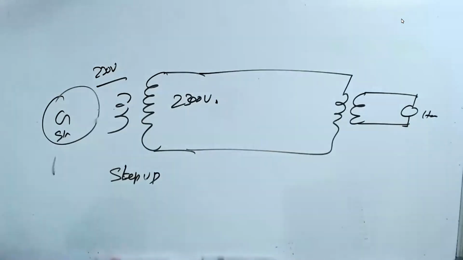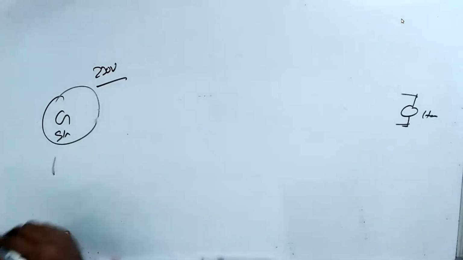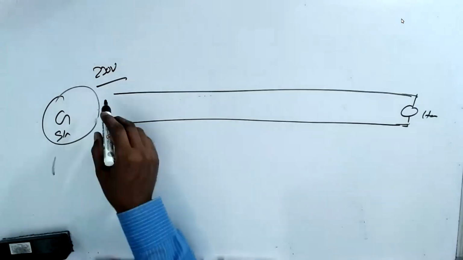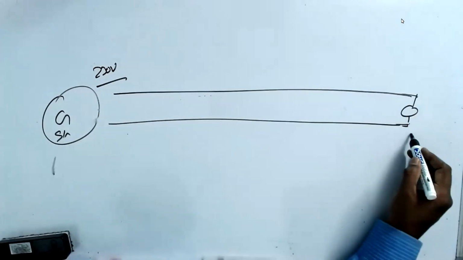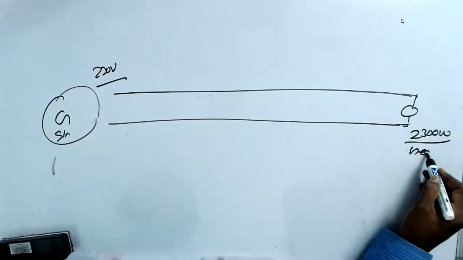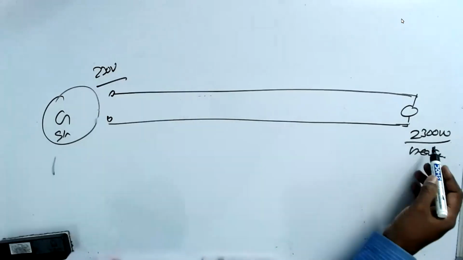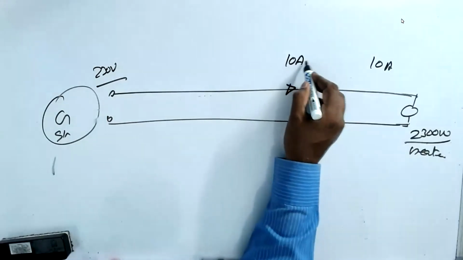Now, first we assume that we don't do that. From the long cable, I connect this one. So the same 230 volt comes to you. And you are using a 2300 watts heater. Then the current is 2300 by 230, about 10 ampere. The current passing through is 10 ampere.